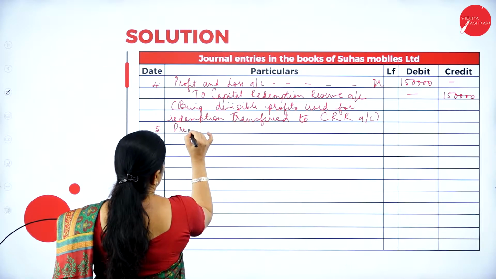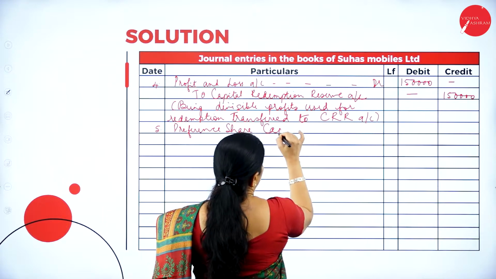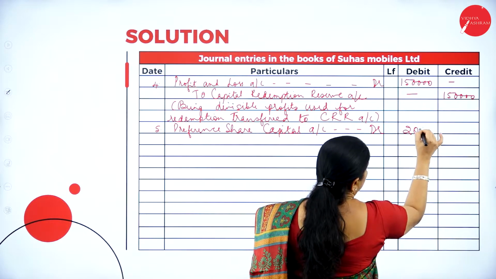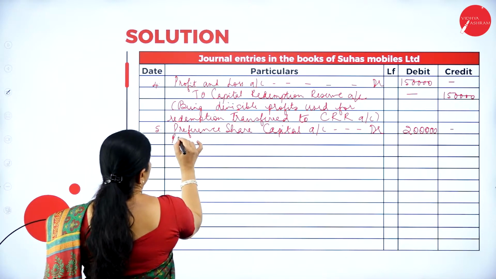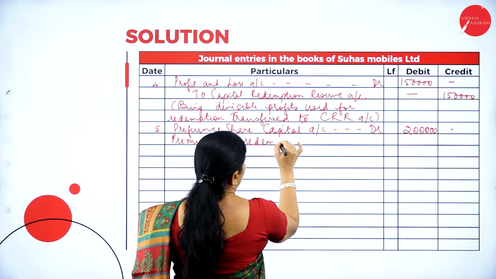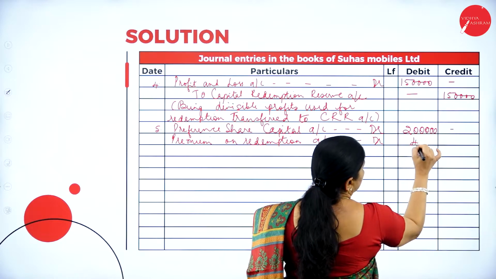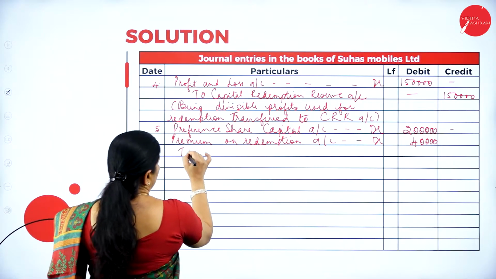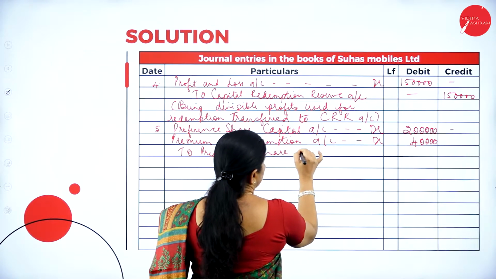Write down preference share capital account debtor 2 lakhs, premium on redemption account debtor 40,000 to preference shareholders account.